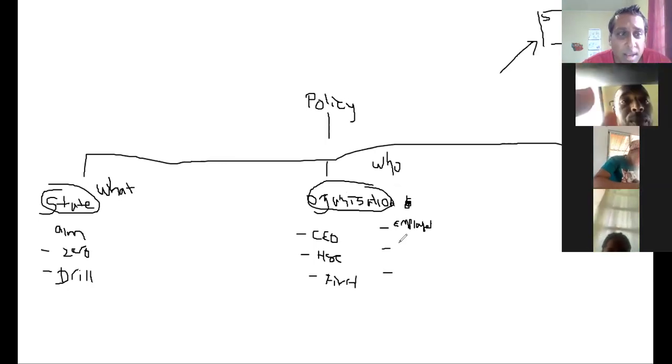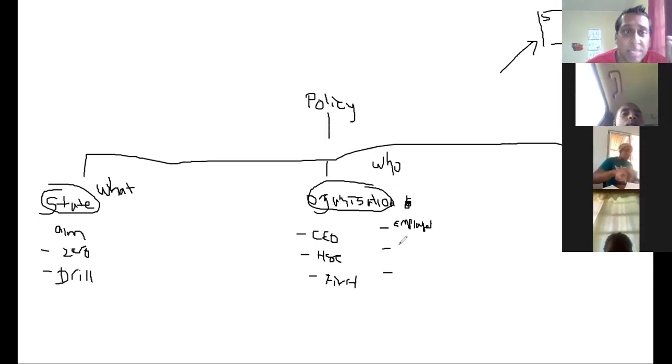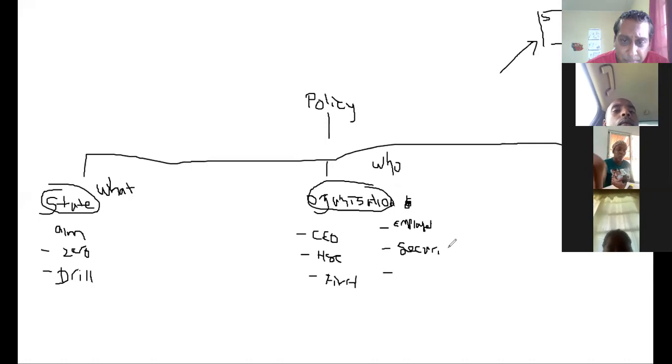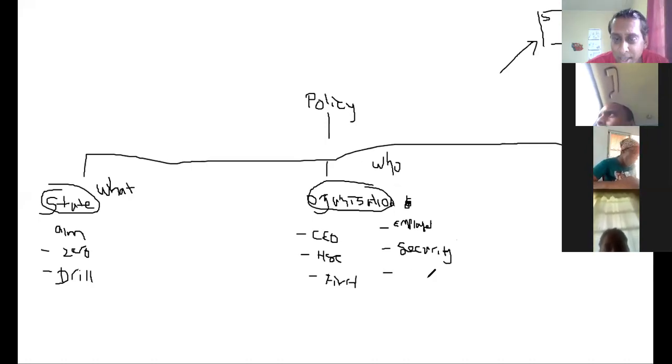You can probably say a facilities manager or a security manager, right? So security manager, and maybe a contractor could be the last one, but this is what the organization section is all about.